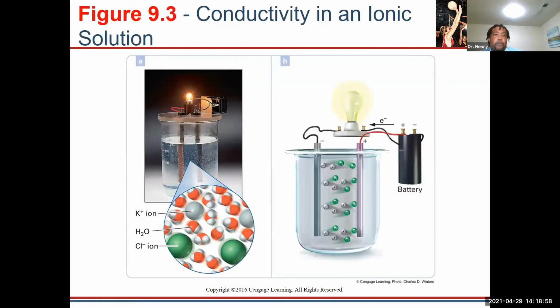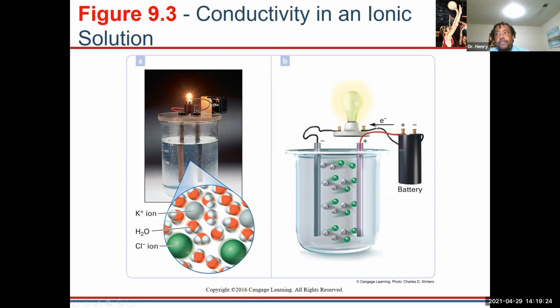Okay, so here we have a solution of potassium chloride that we put into water. So the potassium ion and the chloride ion separate. Potassium is a positive charge, and the chloride is a negative charge. And so these guys are going to be able to conduct electricity. The reason they're able to conduct electricity is because the electrons are going to be able to flow through here.